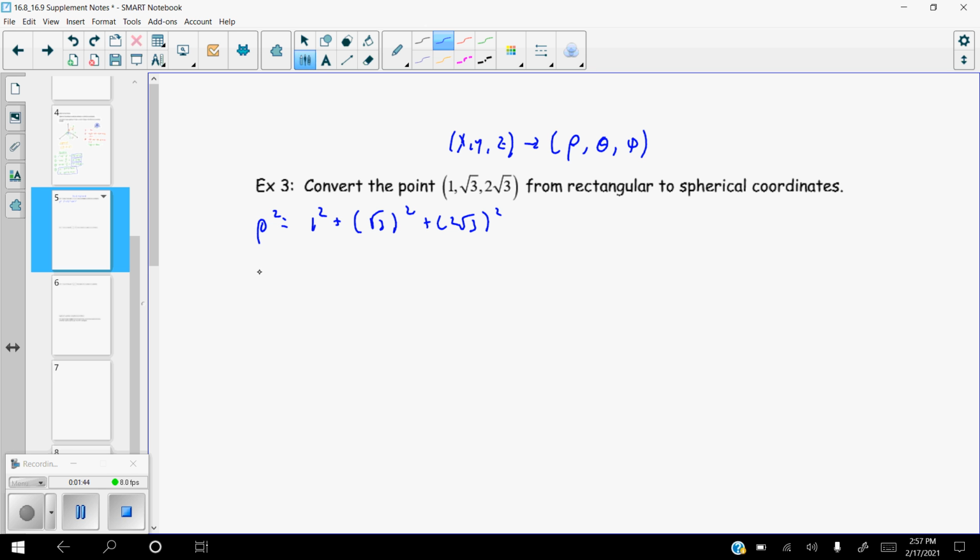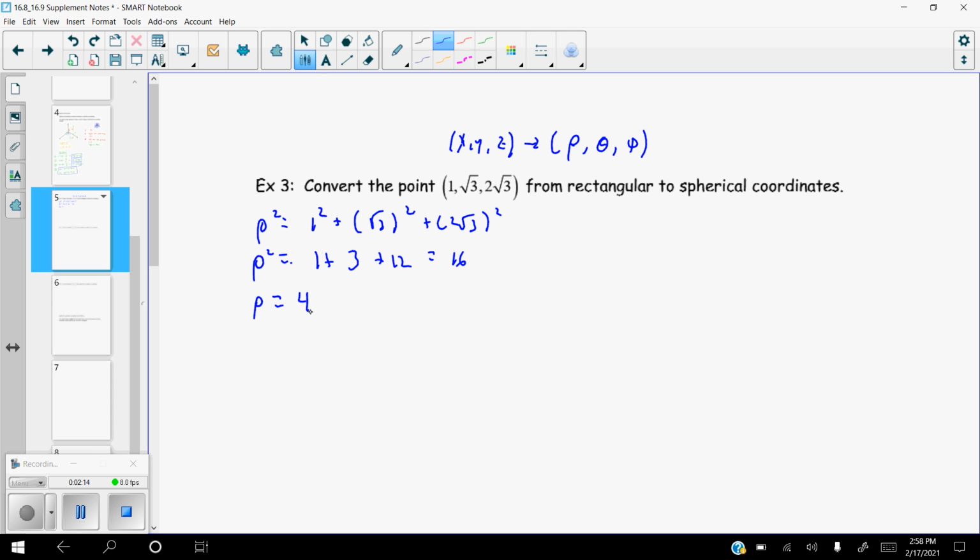And then we can solve for rho, and we're going to go with the principal rho value, which is the positive square root. So that's 1 plus 3, and then 2 root 3 squared is 4 times 3, which is 12. So we get 16. That works out quite nicely because then rho is going to be 4. So the radius of the sphere from the origin is 4.